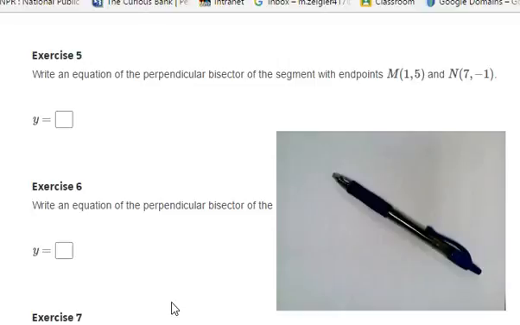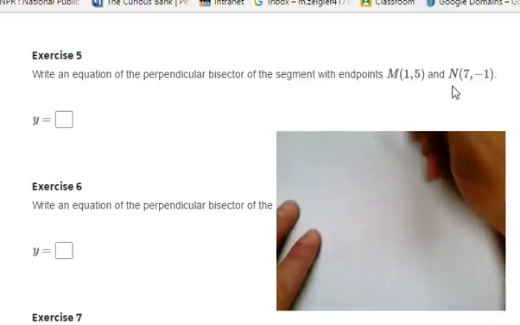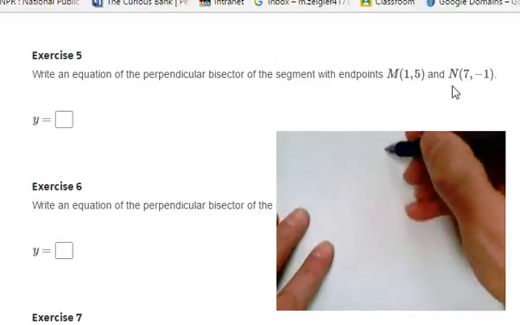Write an equation of the perpendicular bisector of the segment with endpoints (1, 5) and (7, -1). So the perpendicular bisector, let's make a little sketch here.